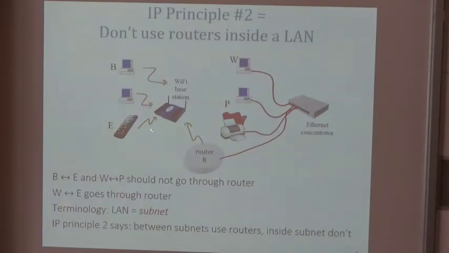And the rules are, if two devices are inside the same local area network, they should find a way to communicate directly. IP should not bother about that. In particular, routers should not be involved. And if two hosts or two machines are not in the same local area network, they have to use routers. So for example, here, communication from B to E should not go through the router, and communication from W to E has to go through a router.